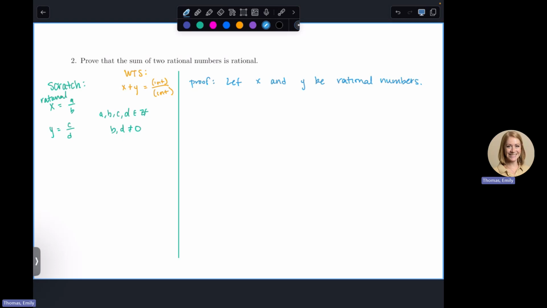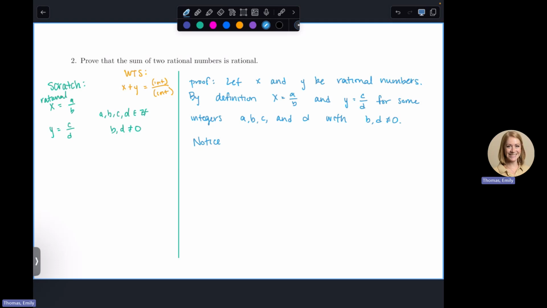So by definition, x equals a over b. y equals c over d, for some integers a, b, c, and d, with b and d not equal to 0. Cool? All right.